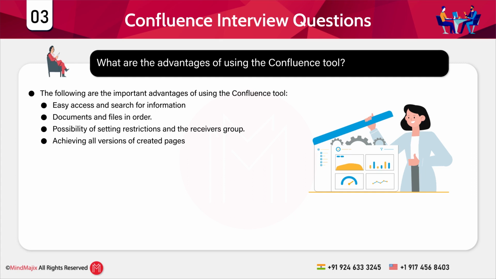The answer says the following are the important advantages of using the Confluence tool. First is easy access and search for information. We saw that there is a search button with which you can directly search the project. You do not need to scroll down. In Excel, you need to go column by column or row by row to find any description, or you need to press Control F and type the content, and if there are two similar things, it will take you to two cursors.